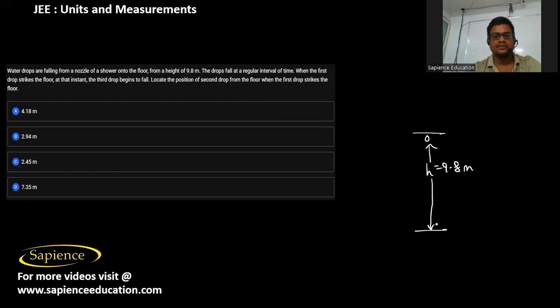When the first drop strikes the floor, at that instant, the third drop begins to fall. Locate the position of the second drop from the floor when the first drop strikes the floor.